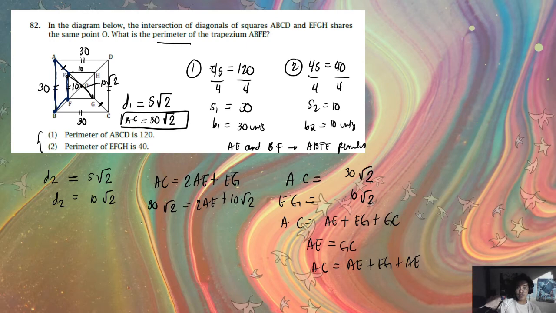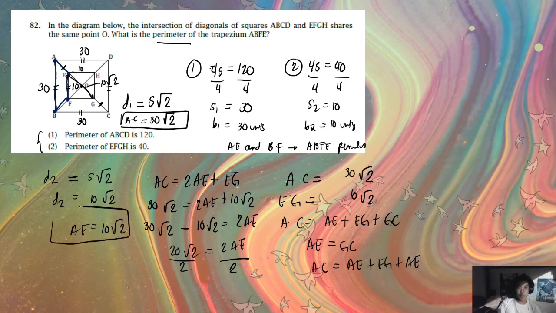So to solve for AE, that's going to give us 30 square root of 2 minus 10 square root of 2 is equal to twice of AE, and subtracting these two terms, we will have 20 square root of 2 is equal to 2AE. And if we divide both sides by 2, we will get the value of AE. AE is actually equal to 10 square root of 2 for this problem.